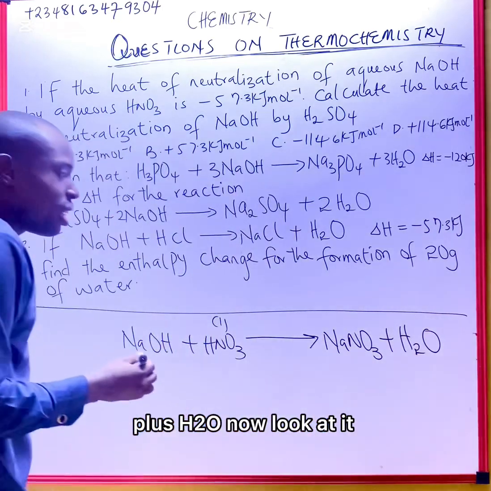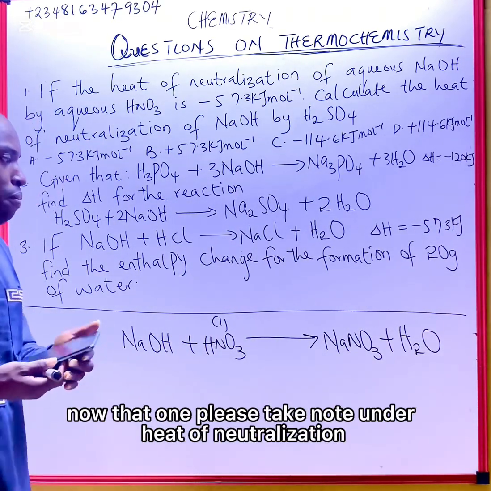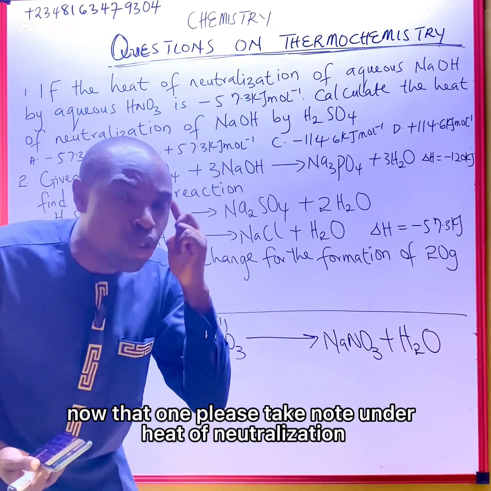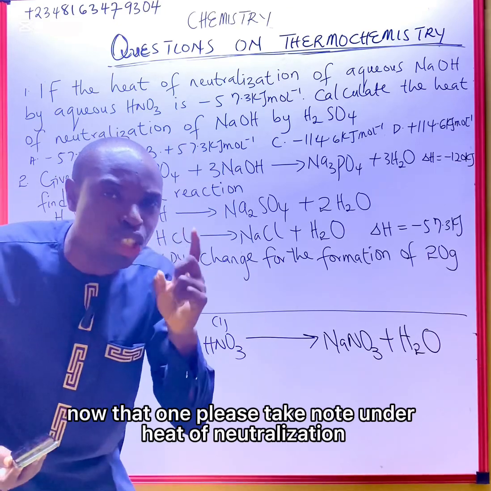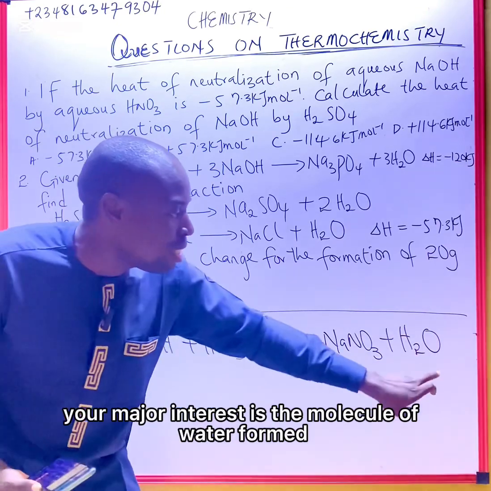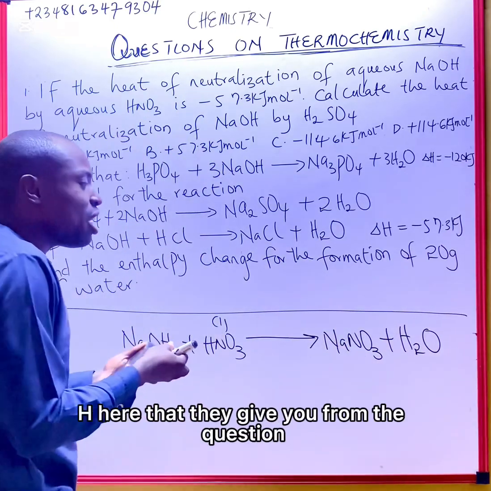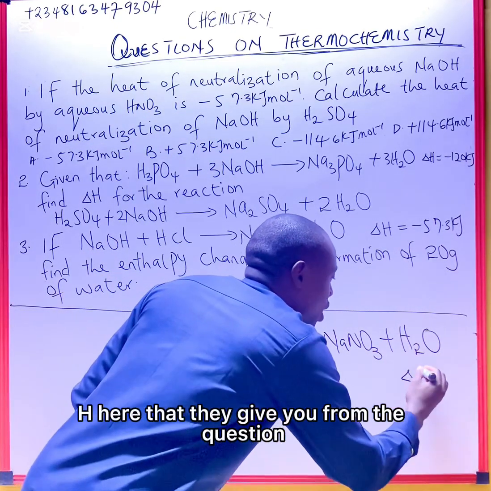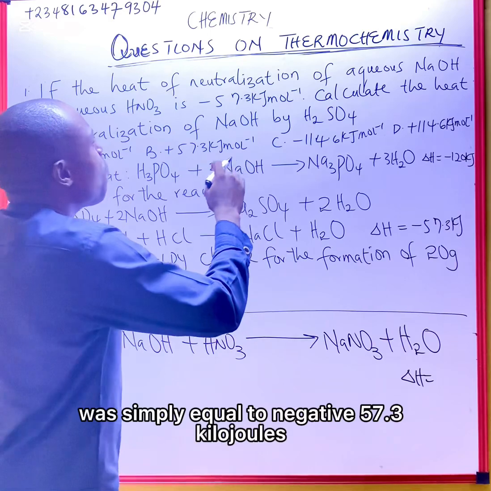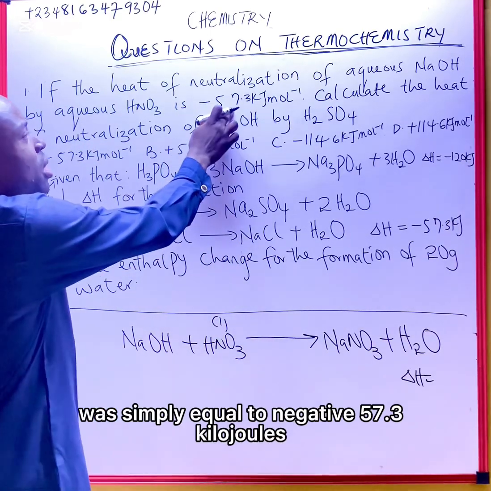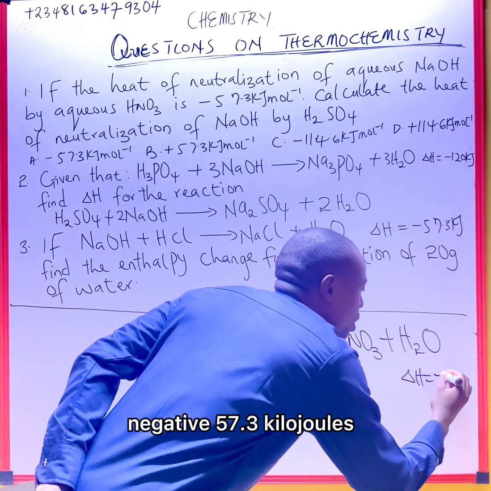Now, please take note, under heat of neutralization, your major interest is the molecule of water formed. So the delta H that they gave you from the question was simply equal to negative 57.3 kilojoule.